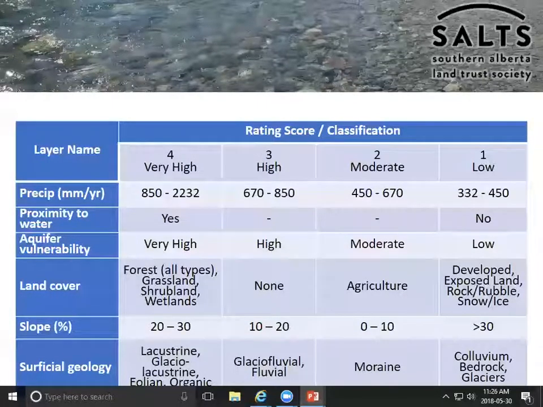The concern here was that it's highly unlikely on both public and private land that people are actually going to build roads or houses or infrastructure on a greater than 30% slope. If we'd made greater than 30% the highest, it would just accentuate all the mountains and rock. Really what we're trying to get at is which of those areas do we want to avoid development? The high slope areas aren't likely going to have development anyway.